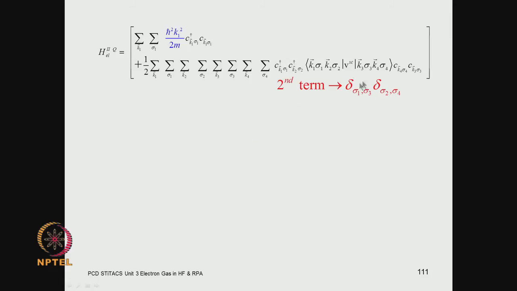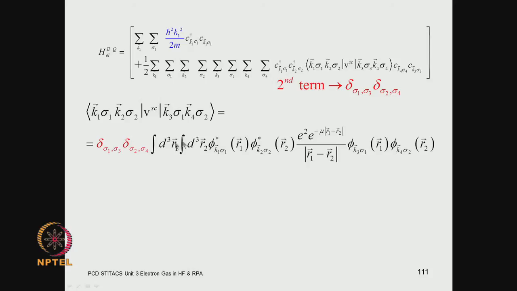Here again, because the Coulomb or screened Coulomb interaction does not tamper with the spin, you will have delta sigma1 sigma3, delta sigma2 sigma4, the Kronecker delta contraction over those spin variables, and we can carry out that contraction because we can exploit these Kronecker deltas. This is the screened Coulomb interaction, so you get e square e to the minus mu r over r.